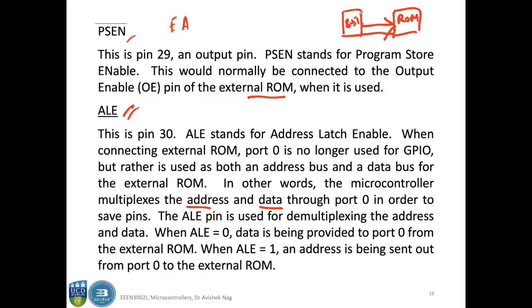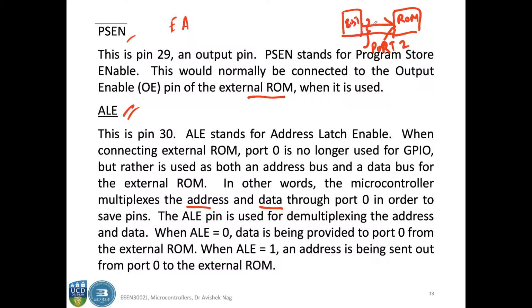So your address bus needs to be also activated. When this happens, let's say this is done through port 2 of your microcontroller 8051. Okay, and port 2 has 8 pins.